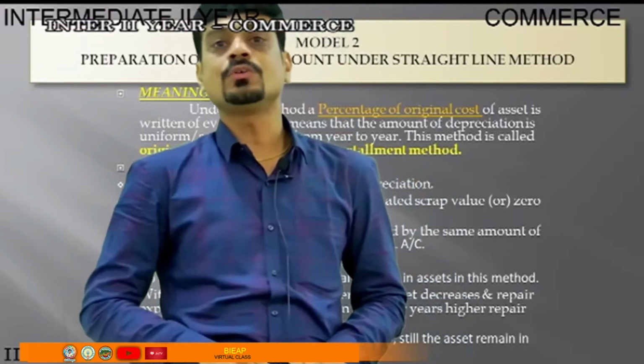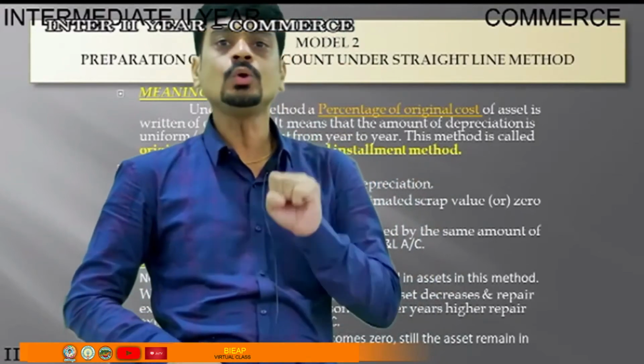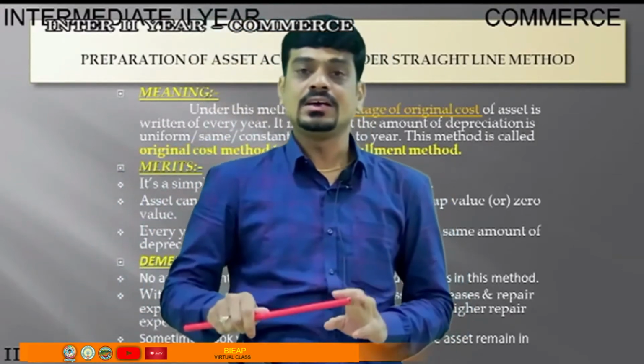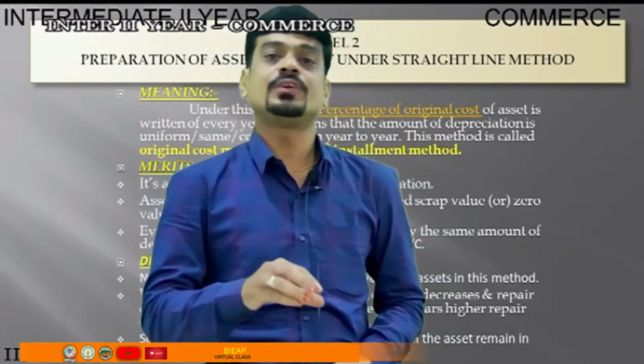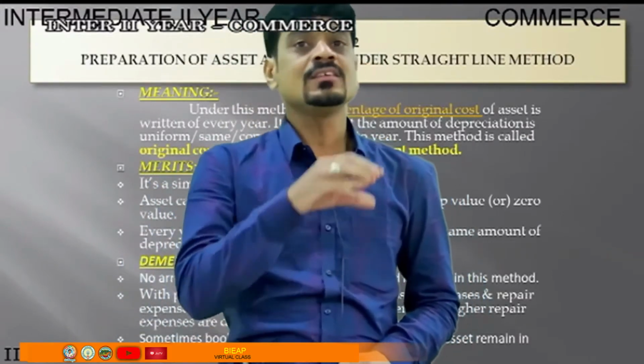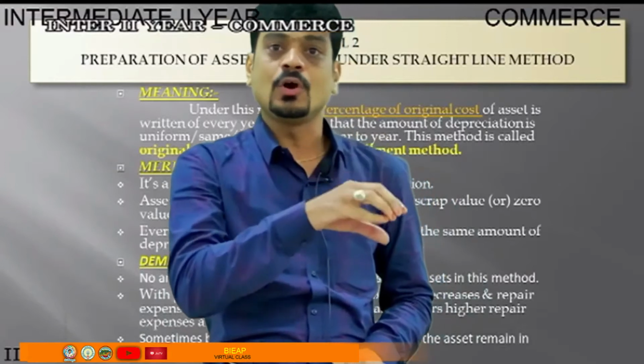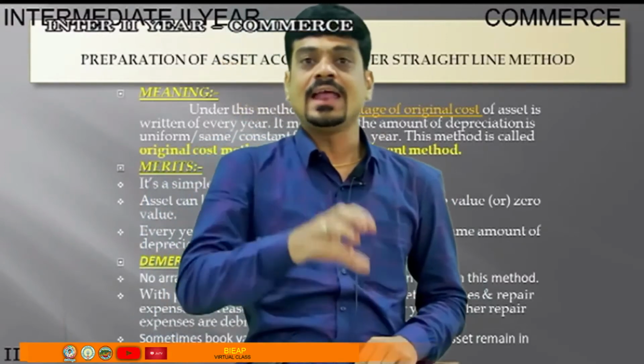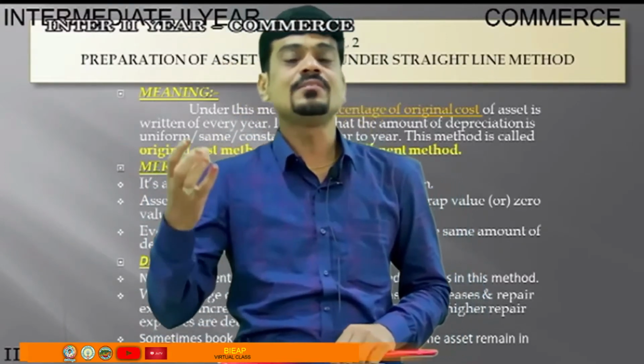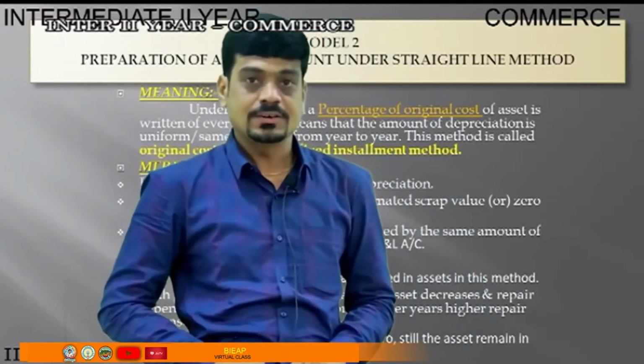So today we are going to focus on how to prepare the asset account under these two methods of depreciation. One is when we are following the straight line method, and the other model is where we will follow the diminishing balance method.